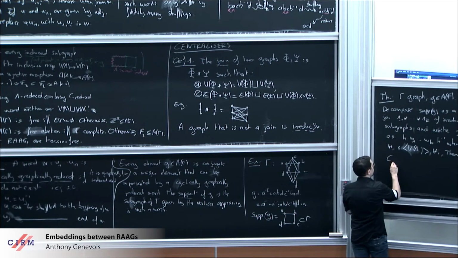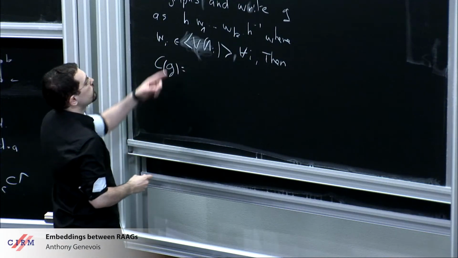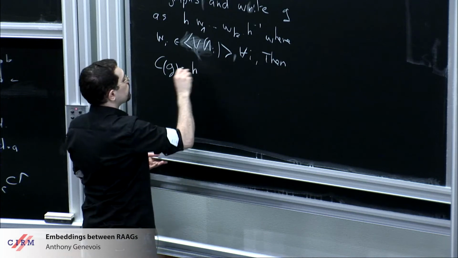So the centralizer of G is, you conjugate everything by H.